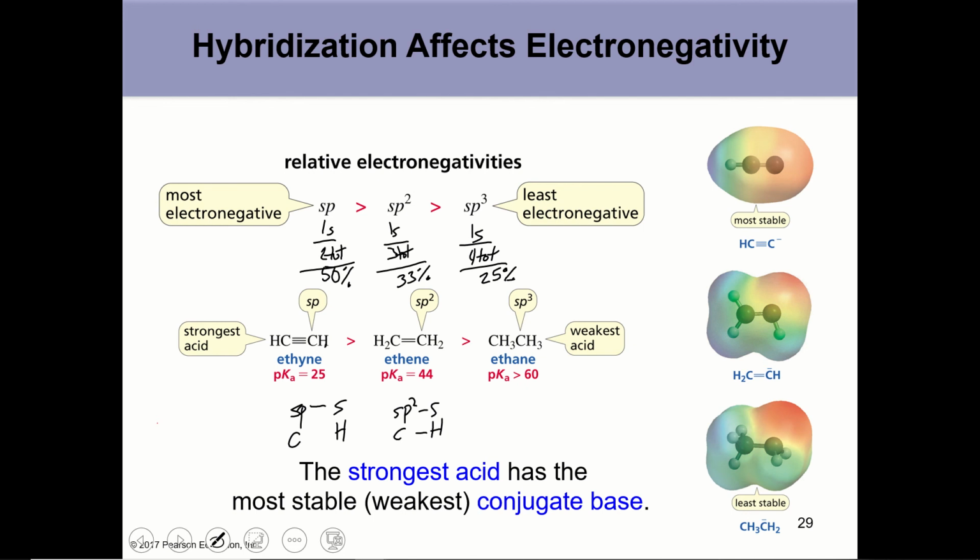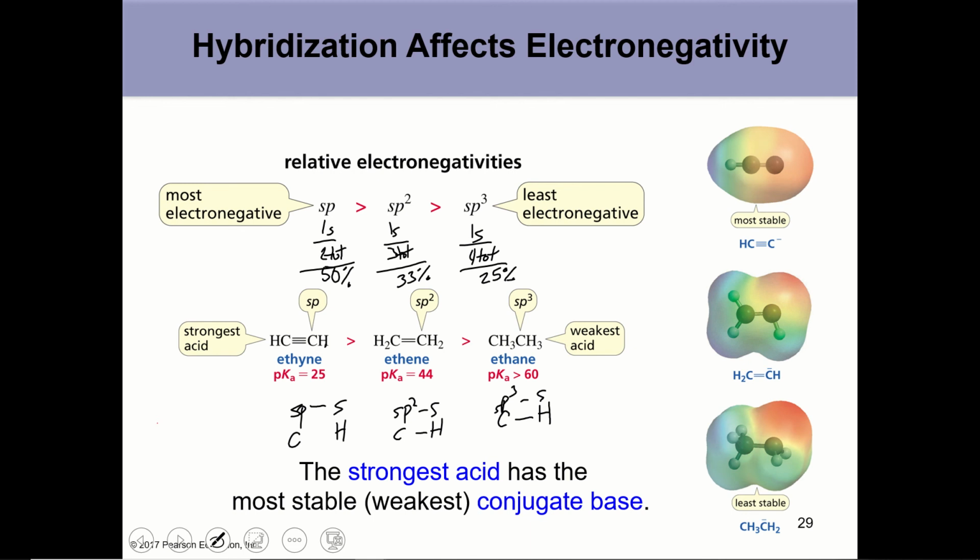When we only have single bonds, the carbon to hydrogen bond is from an sp3 to s orbital. The amount of s character in an sp to s orbital is greater than in an sp2 to s, which is greater than in an sp3 to s.